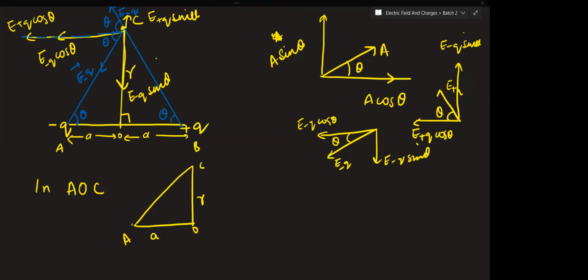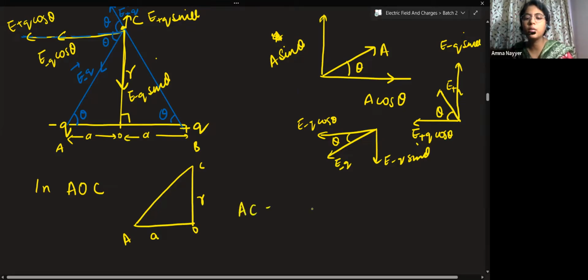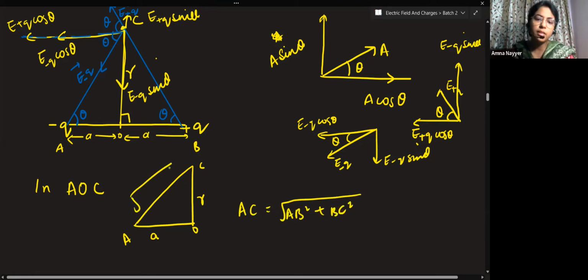Yes, ma'am, using Pythagoras theorem. AC will be equal to the square root of AB square plus BC square, meaning R square plus A square. So the separation of both the points from the charges will also be the square root of R square plus A square.